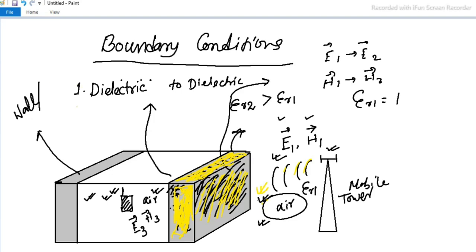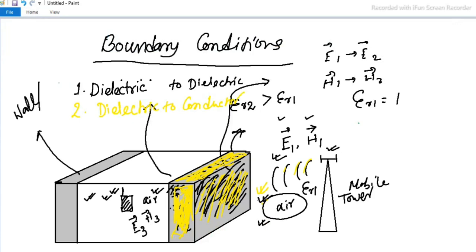So I am going to get the dielectric to conductor boundary condition.